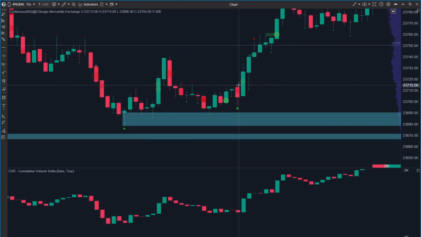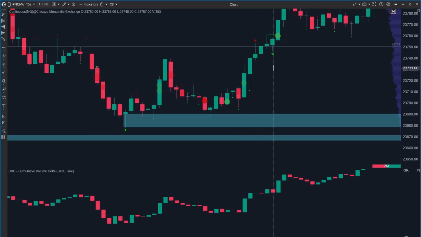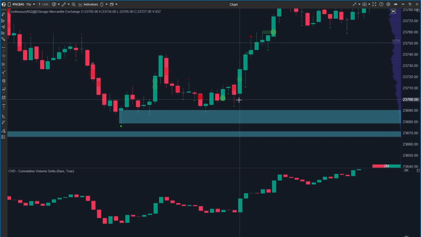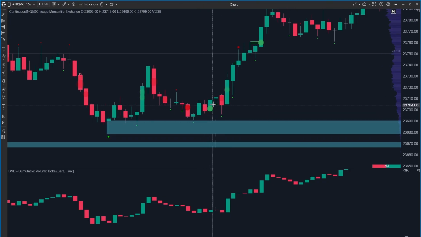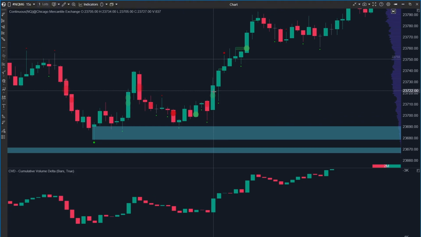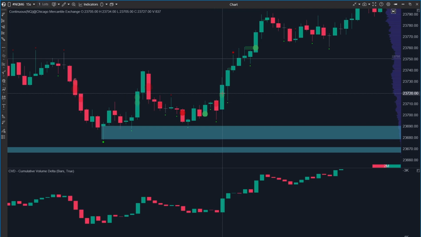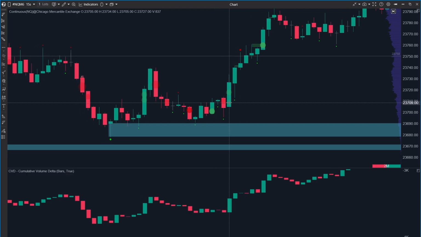For the passive orders and the aggressive orders, my favorite combination is absorption quickly followed by aggressive market orders. Now, what do I mean by this? For instance, here's a great example of bullish passive orders. So this is bullish absorption right here, followed by aggressive buying pressure in the form of a green pressure bubble.